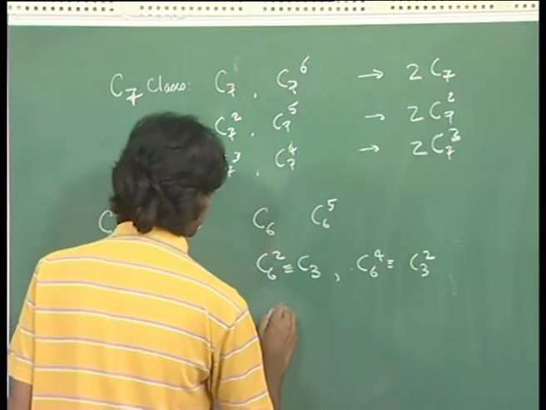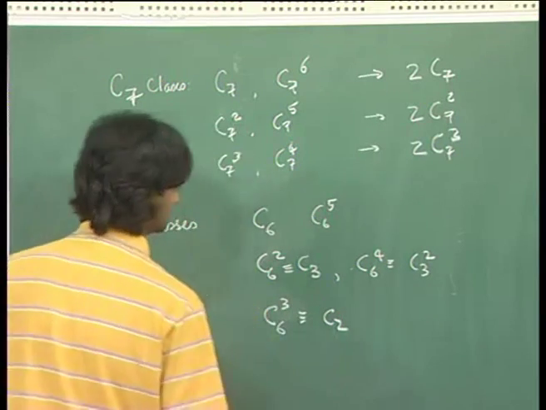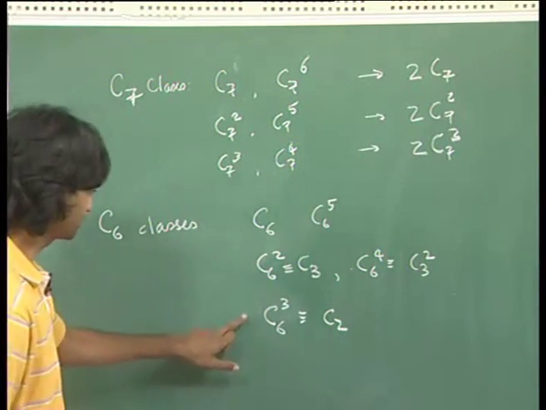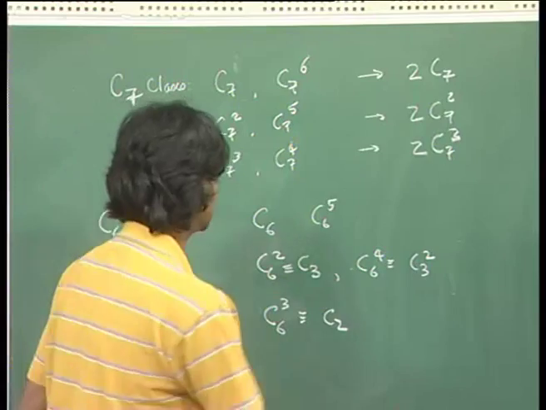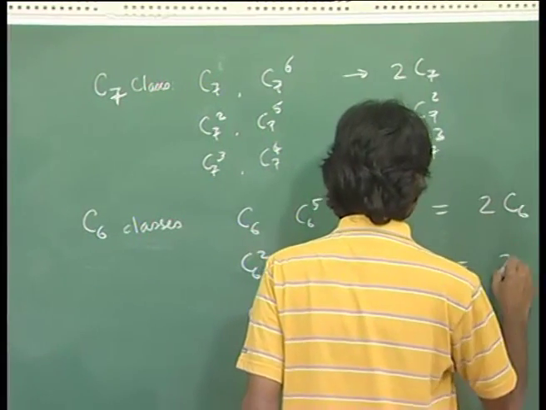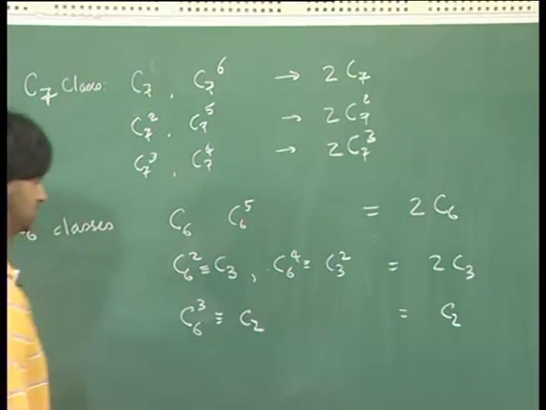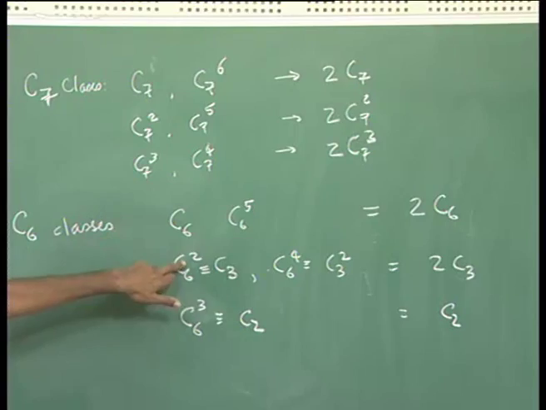Then you could have had C63 which is equivalent to C2. So, this class is called 2 C6, this is called 2 C3 and this is called C2. So, you have two classes containing two elements and one class containing one element.